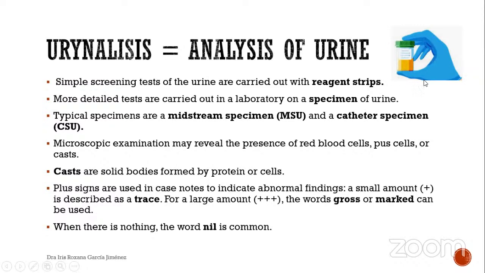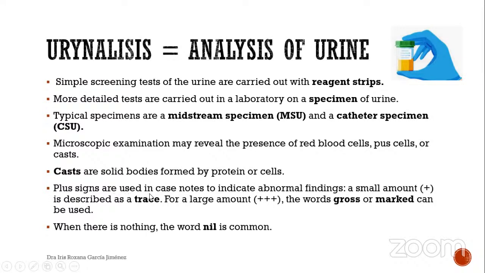This is the specimen of urine. Typical specimens are a midstream specimen, MSU, the abbreviation, and a catheter specimen, CSU. Microscopic examination may reveal the presence of red blood cells, pus cells, or casts. Casts are solid bodies formed by proteins or cells.